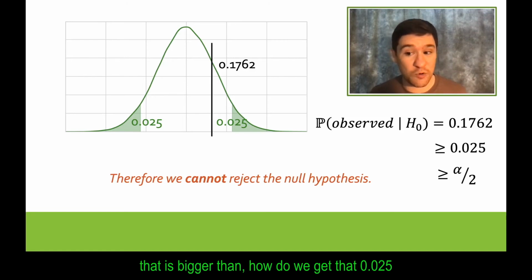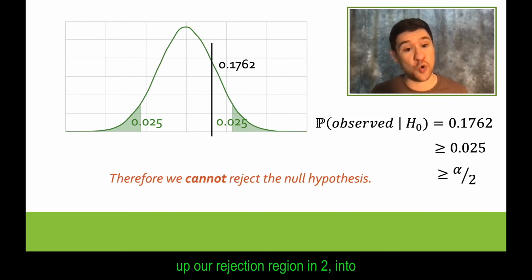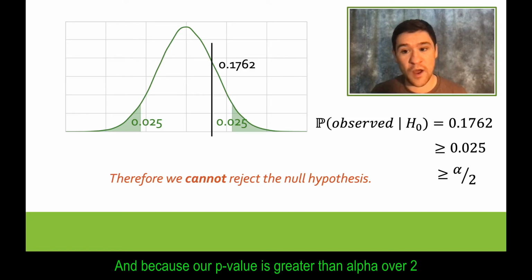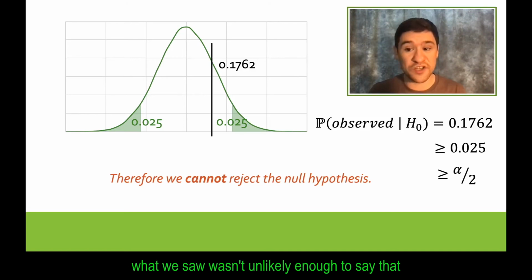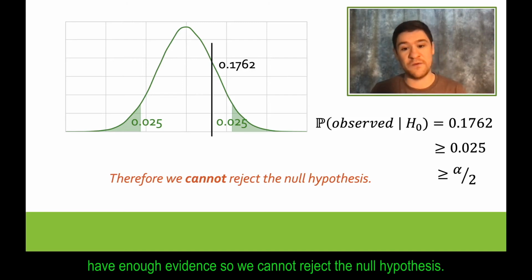How do we get that 0.025? That was our alpha level divided by 2, because we had to split our rejection region in 2, into being extremely bigger than or extremely less than. And because our p-value is greater than alpha over 2, what we saw wasn't unlikely enough to say that the null hypothesis probably wasn't true. We don't have enough evidence, so we cannot reject the null hypothesis.